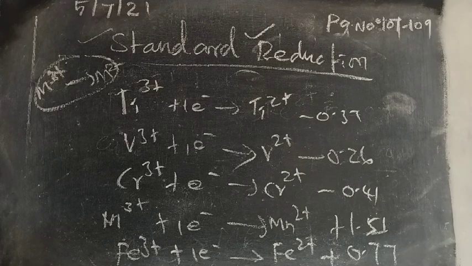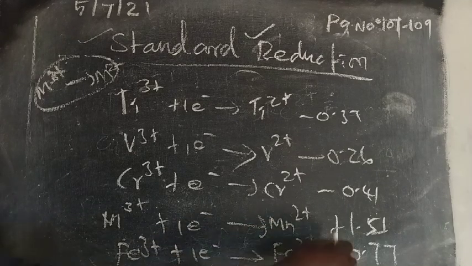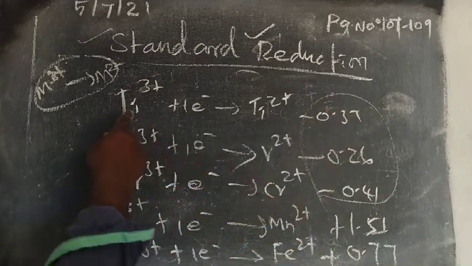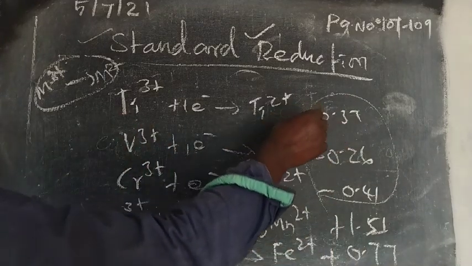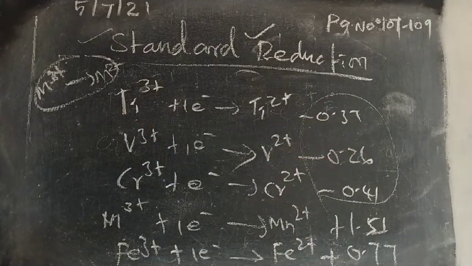Here we can see the negative values for titanium, vanadium and chromium, which indicates the higher oxidation state is preferred. These others all have positive values. The first three, titanium, vanadium and chromium, have negative reduction potential values, which indicates that in their higher oxidation state they are more stable.